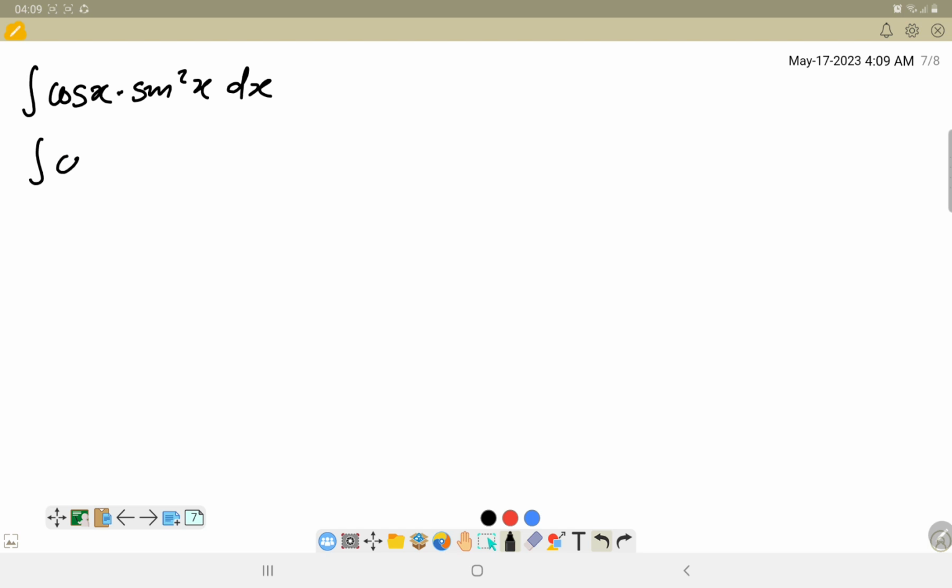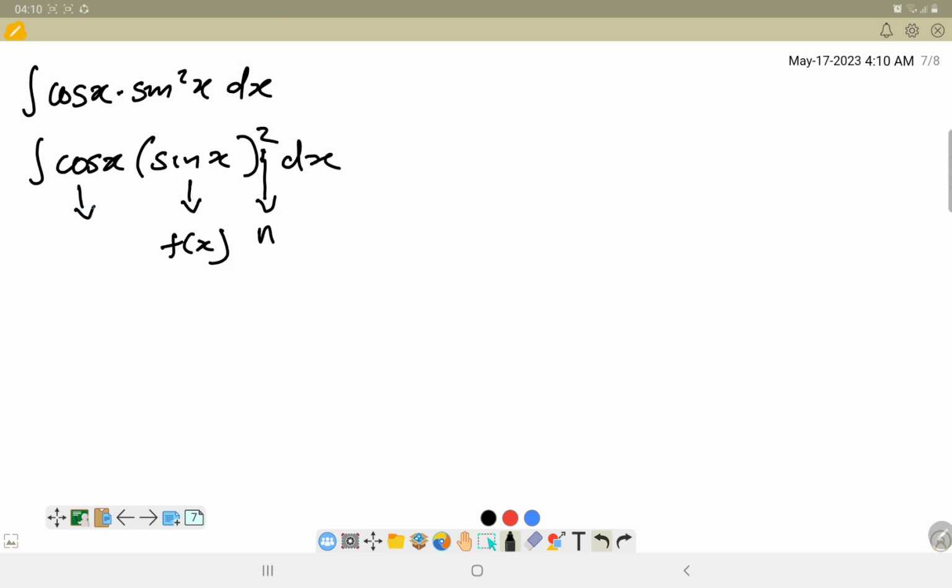So sine squared x can also be written as sine x all to the power 2 dx. So we can make this to be our f of x, and then 2 can be our n, and then we can say this is our f prime, so that it can match this formula, this one.